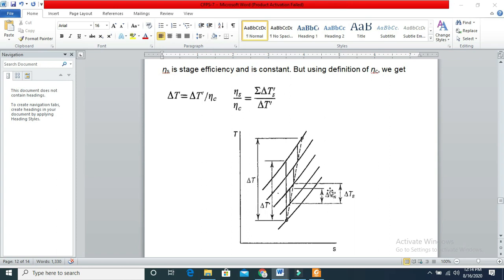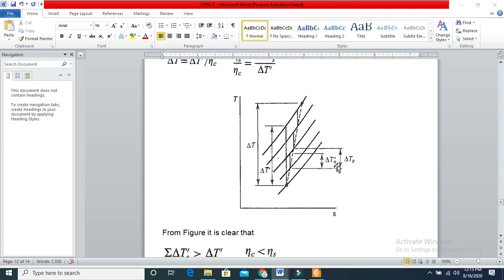But here in delta Ts dash, if we take the sum of delta Ts dash for all the 4 stages, then it will not be equal to delta T dash, because if we consider this vertical line at this entropy and if we consider this vertical line, both will have a difference in heights.